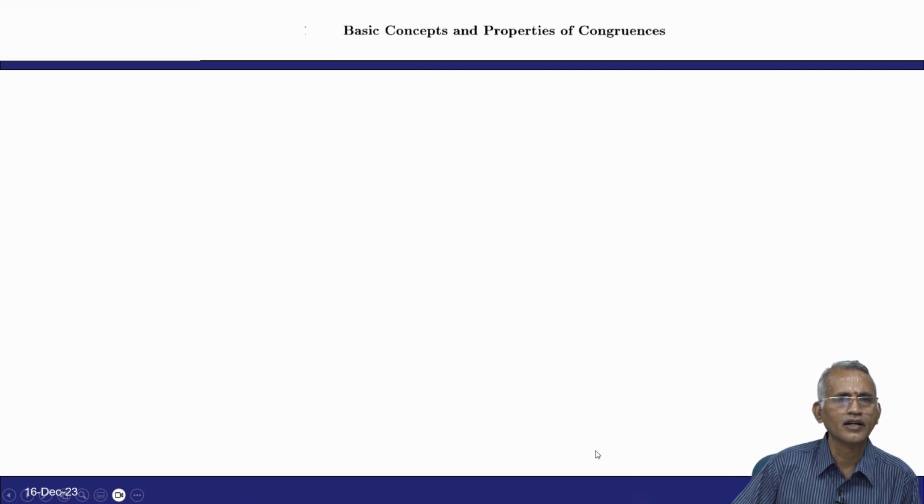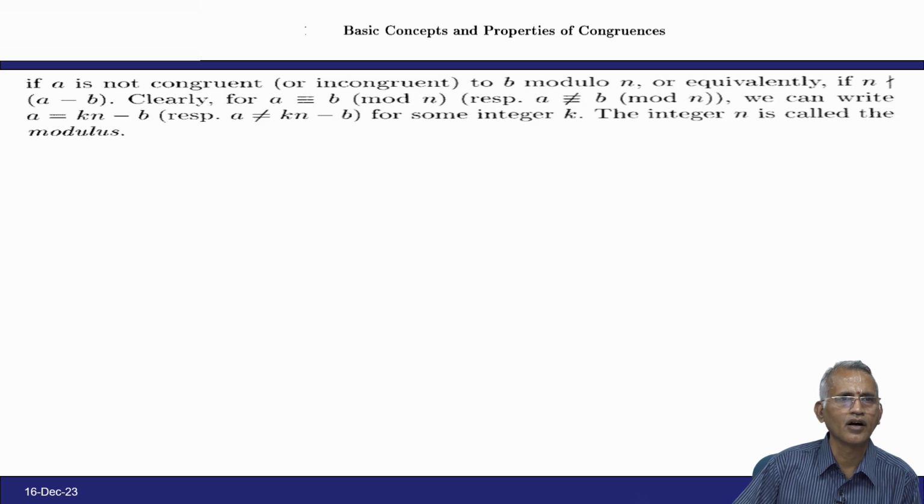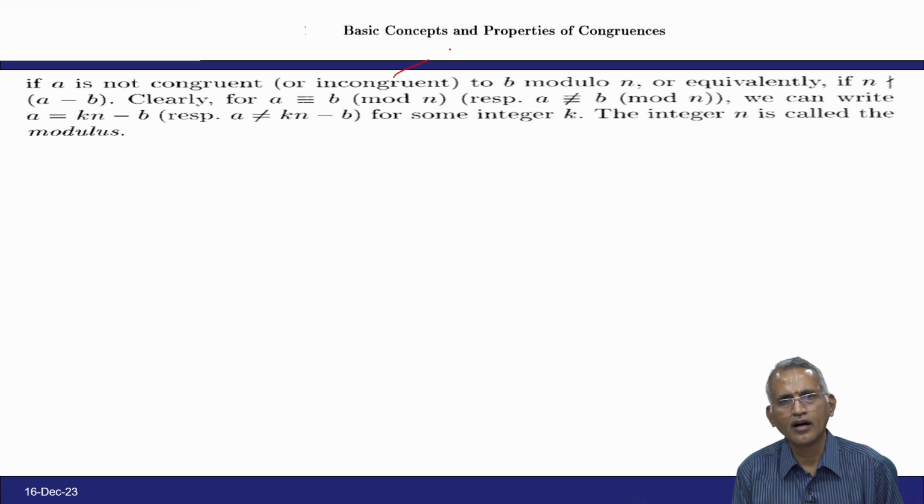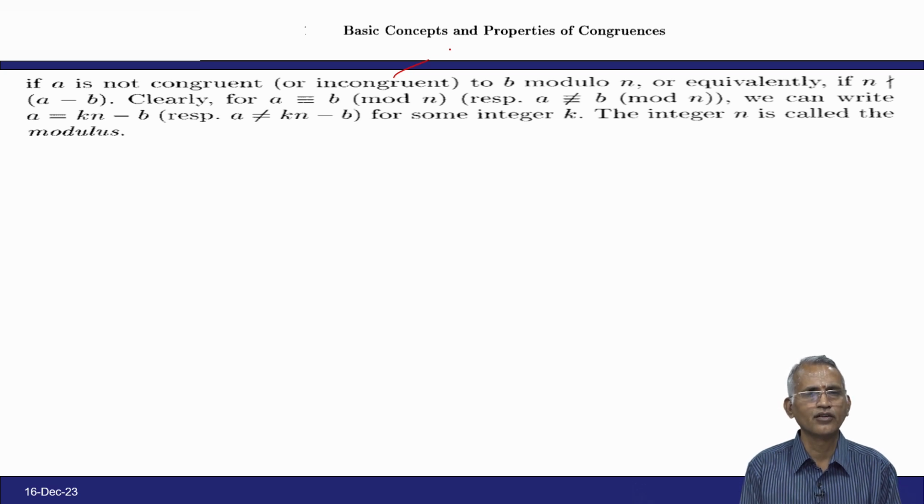Now, we will continue the concept of congruences. If a is incongruent to b modulo n, or equivalently if n does not divide a minus b, make a note of that.